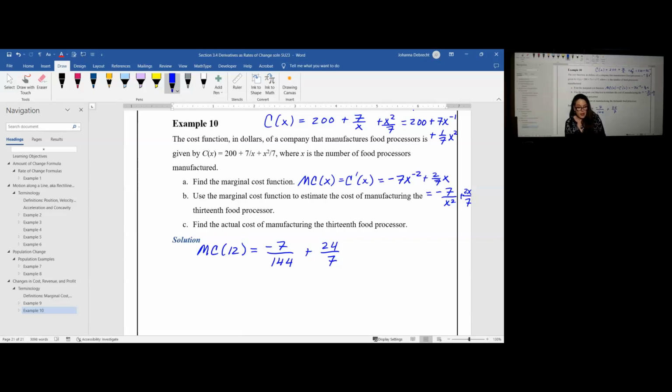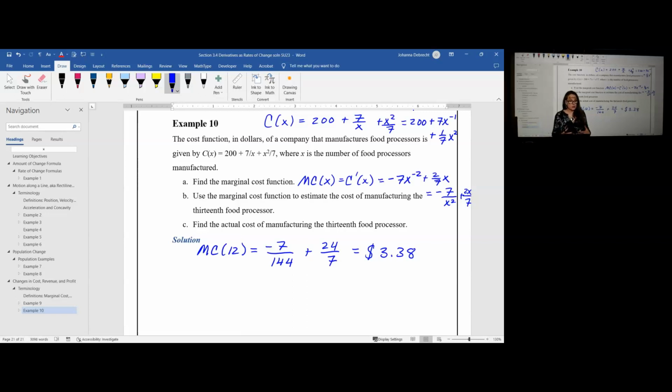When you get a common denominator and work this out, it comes out to be, I hope I've written this correctly, $3.38. The cost of producing the next food processor, the 13th one, is $3.38. What's the actual cost?